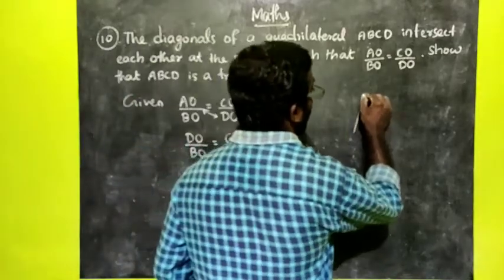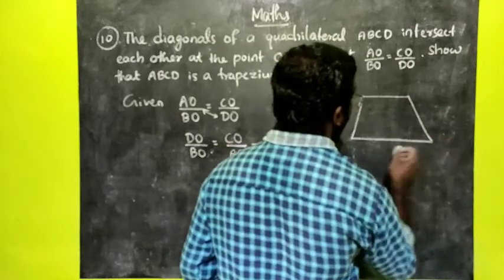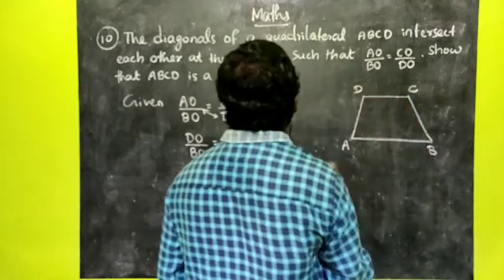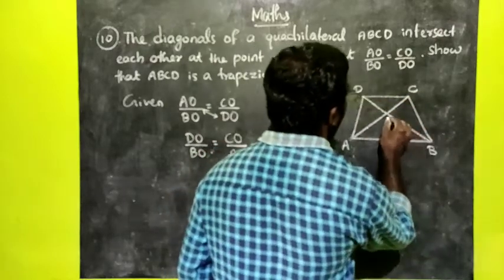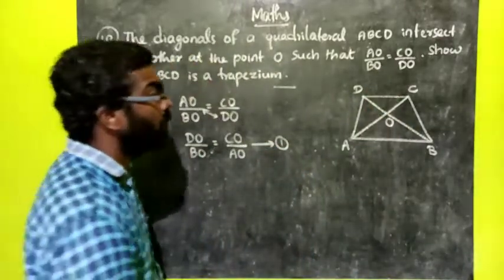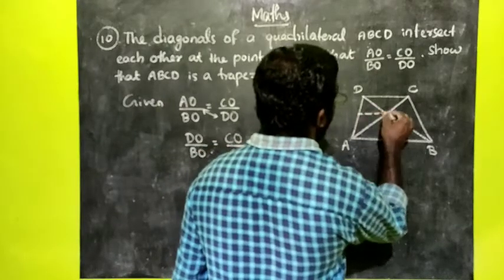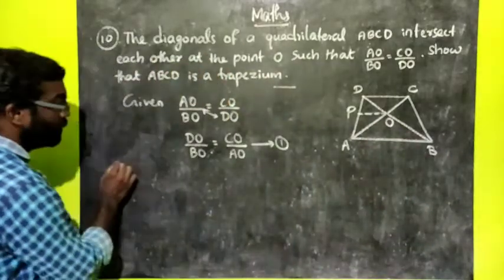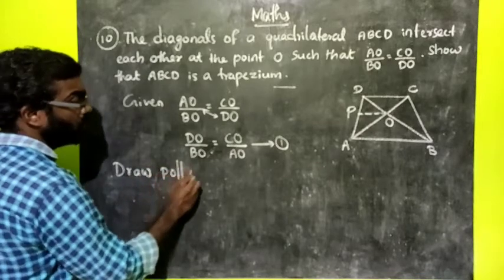I draw it like a trapezium because we have to prove it is a trapezium. So consider quadrilateral ABCD in which the diagonals intersect each other at the point O such that AO by BO is equal to CO by DO. Here also we make one construction. Draw a line PO which is parallel to AB. So draw PO parallel to AB.